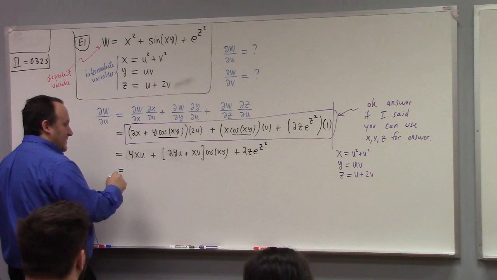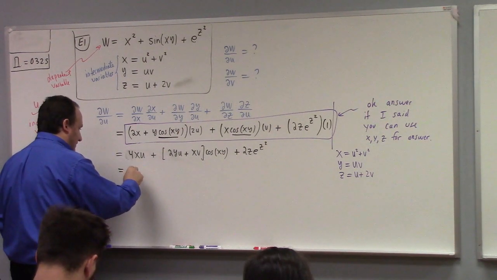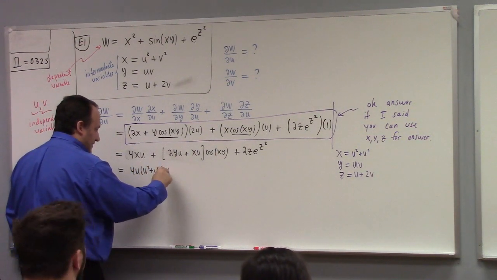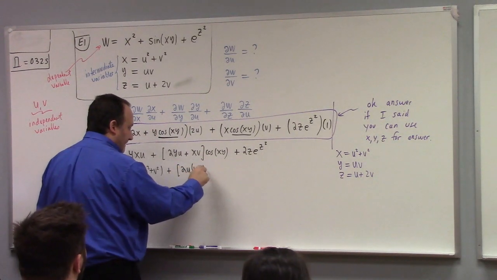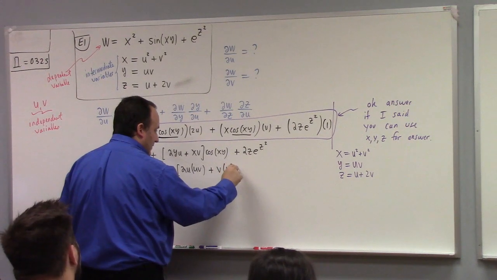So if I was going to plug in the explicit formulas, it's probably a good idea to actually do this before I do it, right? So that's 4u times u squared plus v squared plus bracket 2u times uv plus xv, so that's v times u squared plus v squared.